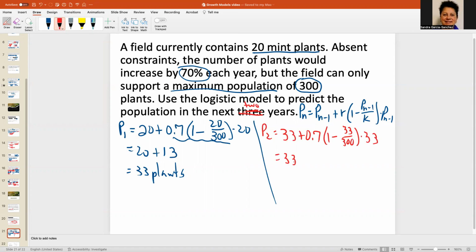So that gives me 33 plus 21, and I got 54 plants. So again, be sure to work with this part first, round it to the whole number, and then you add it to the other part.